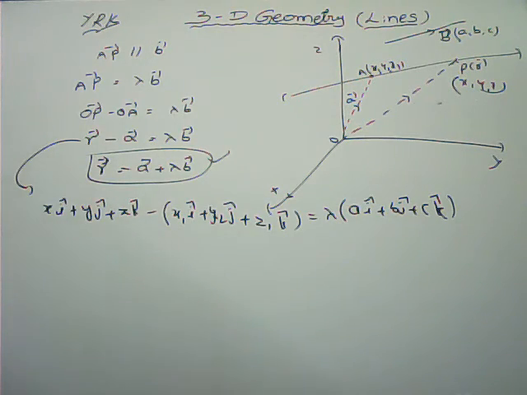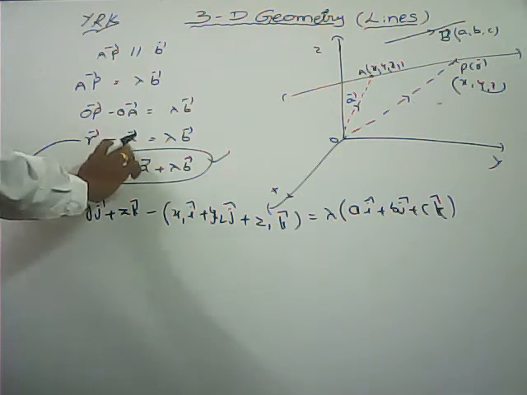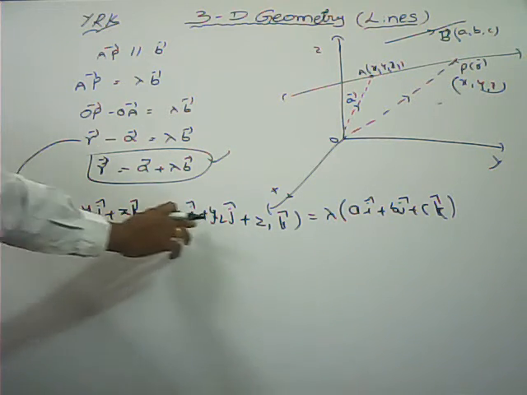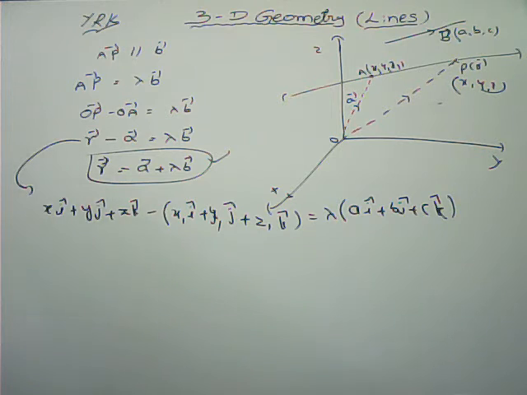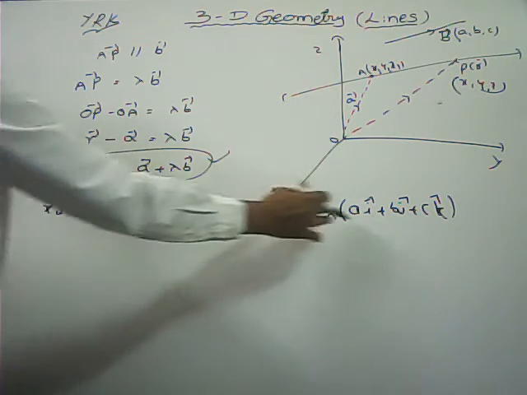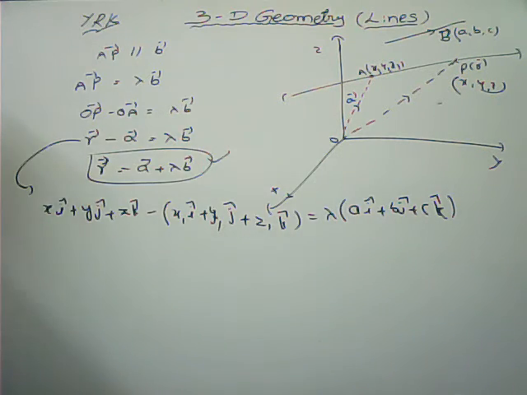To convert into the Cartesian form, if the line passes through the point x1, y1, z1, in the place of A bar you can write the vector x1 i cap plus y1 j cap plus z1 k cap, and in the place of B bar you can write a i cap plus b j cap plus c k cap.